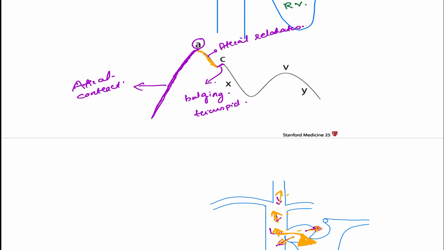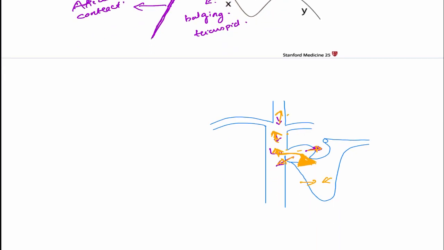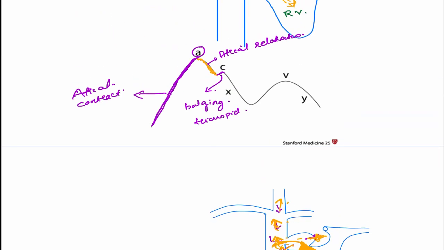Okay, now next phase is, once that bulging is done, the atrium continues to relax, isn't it? Atrium is still relaxing, the only thing was the valve just pushed, the bulging happened. Okay, so the atrium is still relaxing, no problem for it. So before that, this wave is called a C wave, which is due to bulging of the tricuspid valve.